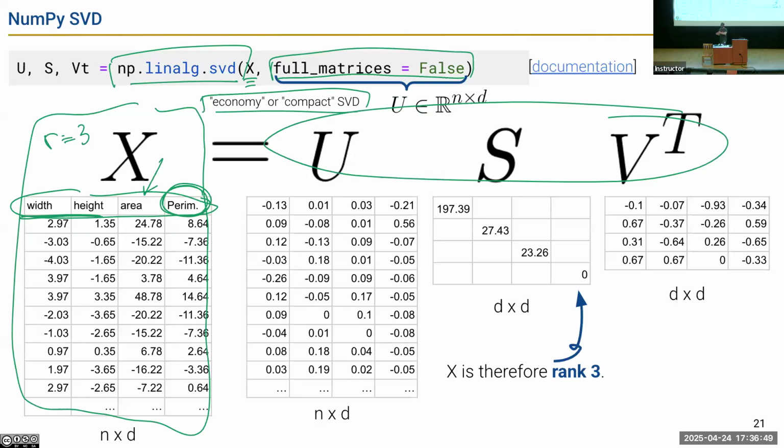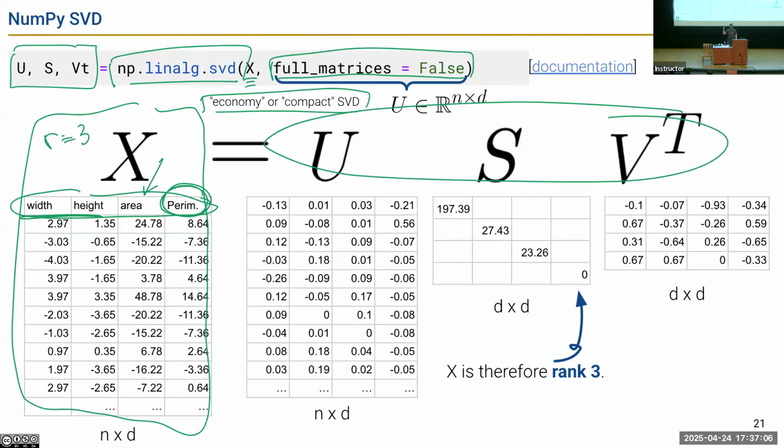Don't worry about those details. You can take a look at those EECS notes if you want to know more about what I mean by economy or compact SVD. But typically, the default is to use the economy or compact SVD. And what we get back is a tuple of length 3 that gives us U, S, and VT.